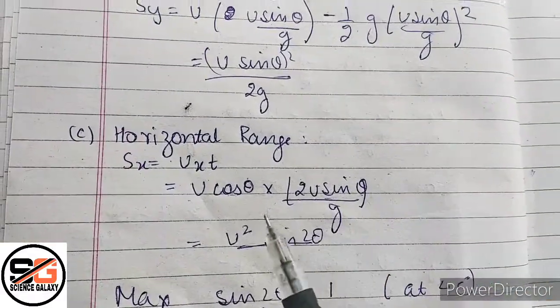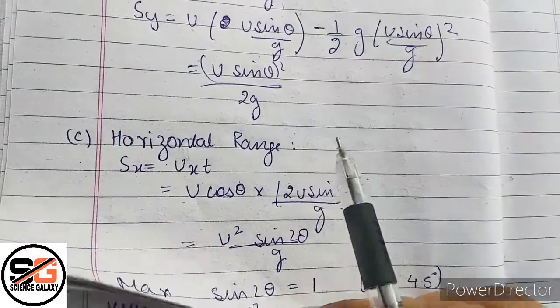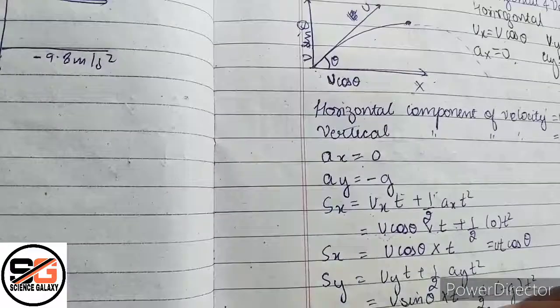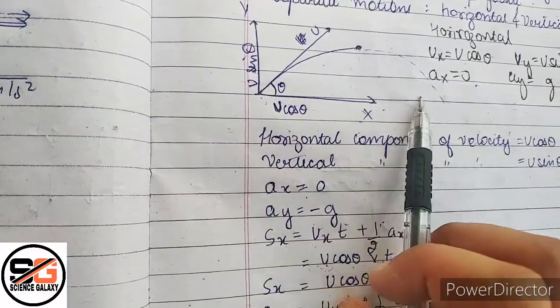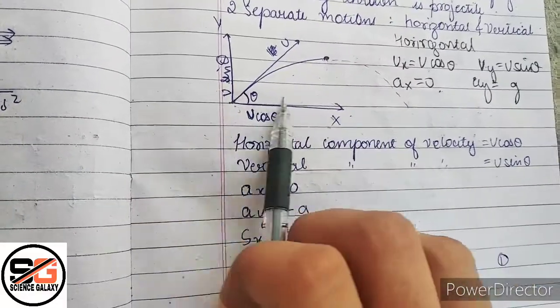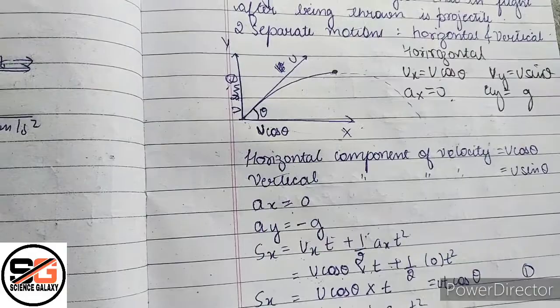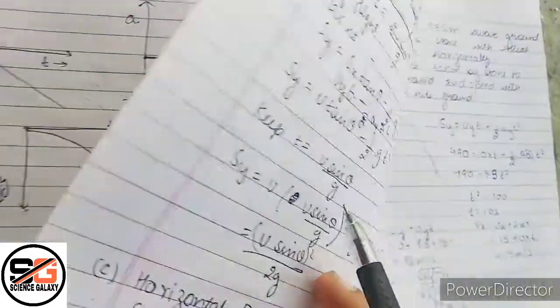Now we would find out the horizontal range. What is the horizontal range? Here the horizontal range is the distance from this to this. This is our horizontal range. Here it is the x component, meaning horizontal component.